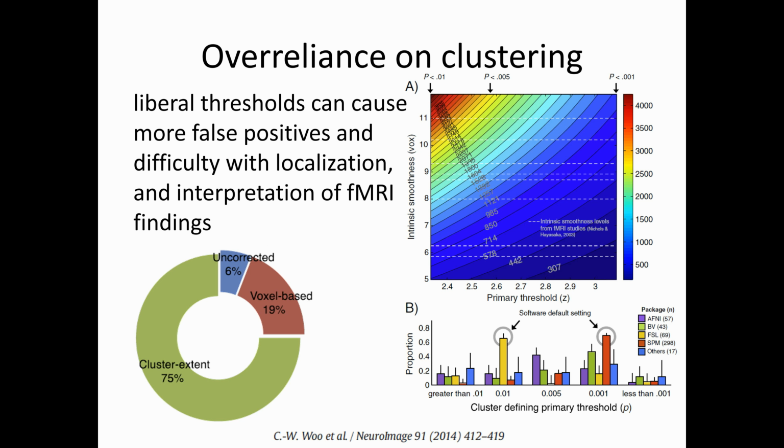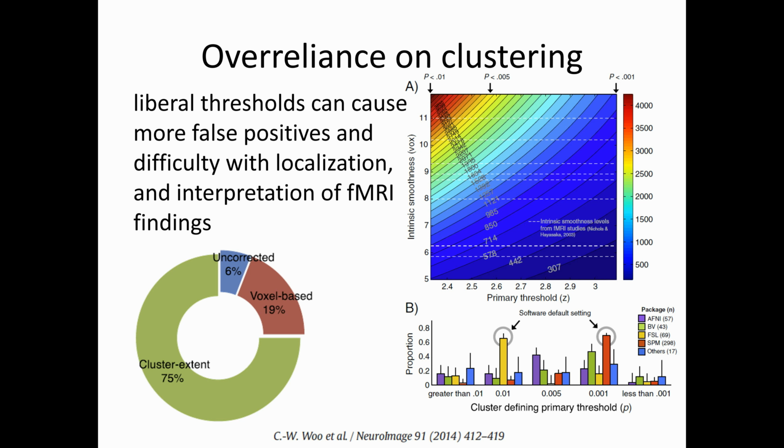So there was a paper out in 2014 which said, okay, if you're going to pick a p-threshold and if you're going to set, say, your voxel level at 0.05 and look for a really huge cluster that only comes up that size 1 in 20 times, then you're going to get these large blobs. You're going to get lots of false positives.